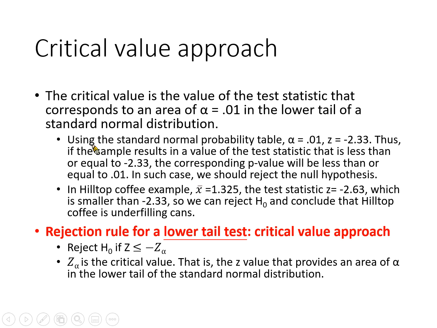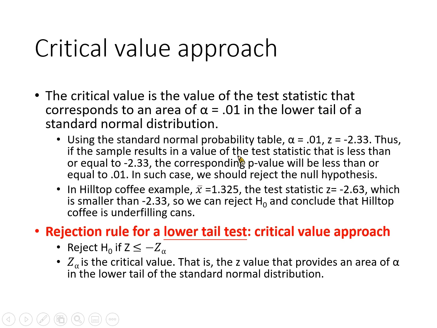Using the standard normal probability table, alpha 0.01, its z-value is negative 2.33.